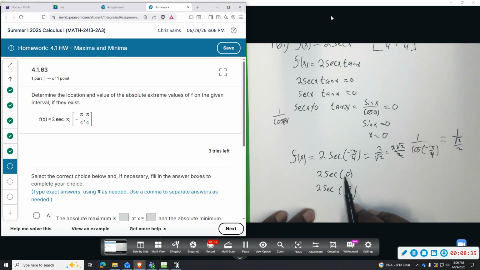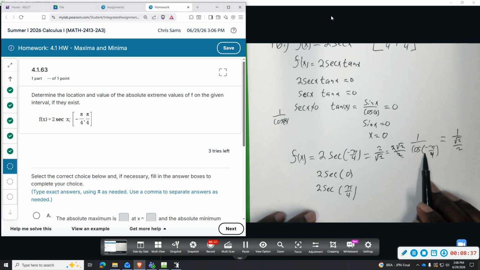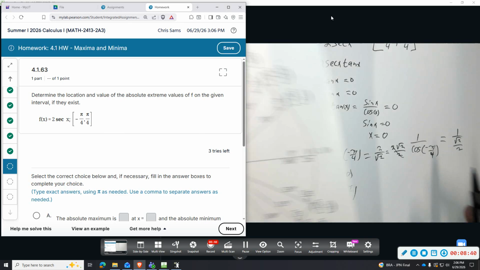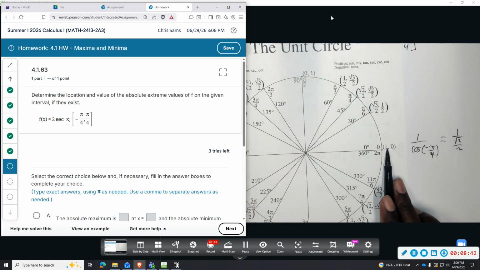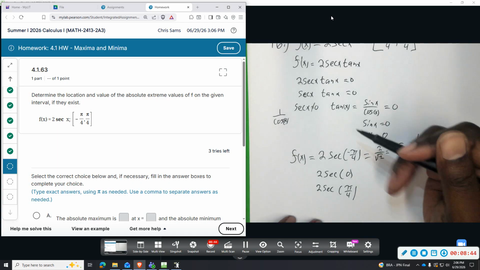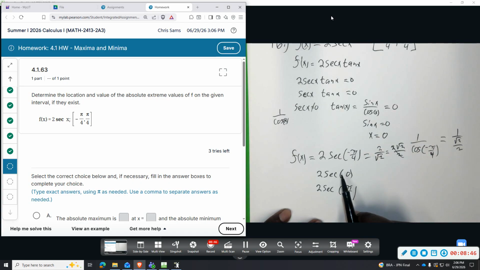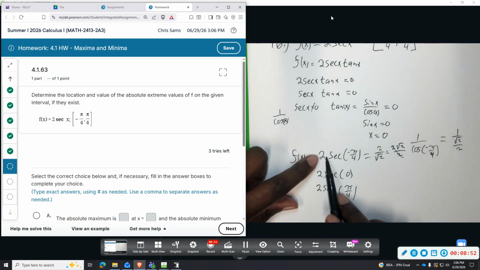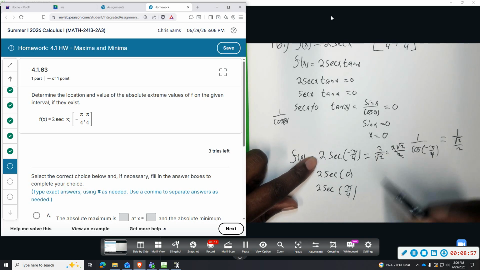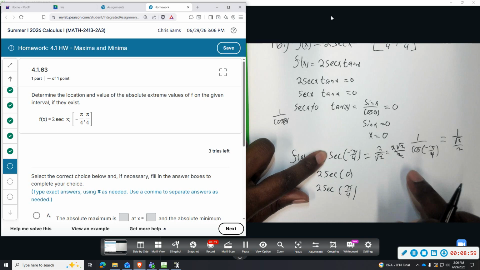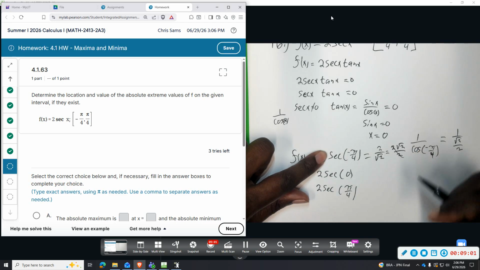So if I was to plug in cosine of 0, cosine of the angle 0 is going to give me the x value of 1. So, I'm sorry, I'm making an error here. That's giving me square root of 2, but I need to multiply this 2 by it, because that's all we've done is this part. So we've got to multiply this by 2.